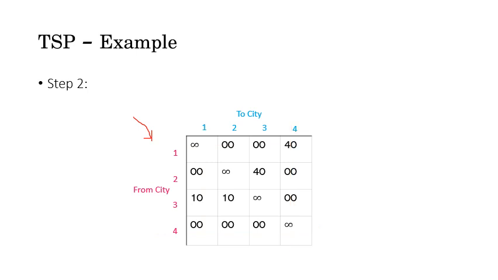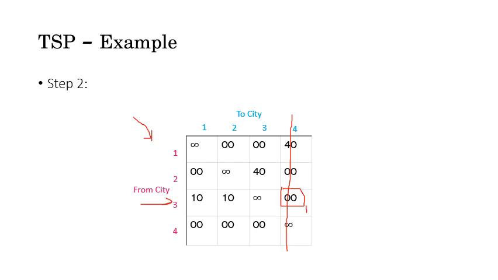We will start from the row containing only one zero entry, which is row 3, and we will assign x34 to be 1. That means that the salesman should travel from city 3 to city 4, and no further assignments are possible in column 4.